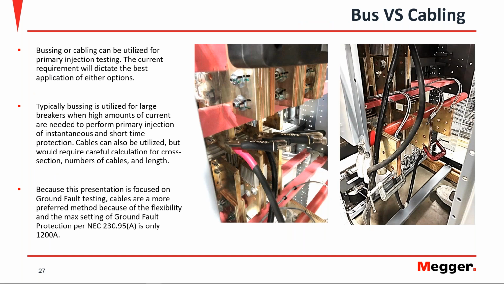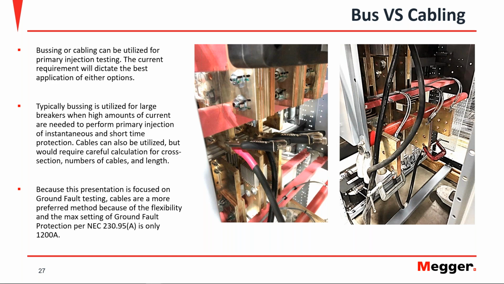Connections, of course: we have the options of using cabling or bus. As we mentioned, when it pertains to ground fault testing, we already established that no matter how high the nominal current of the breaker is, if we are dealing with breakers with nominal currents higher than 1250, the maximum current we will need for this particular test is 1200. So that makes it easier, right?